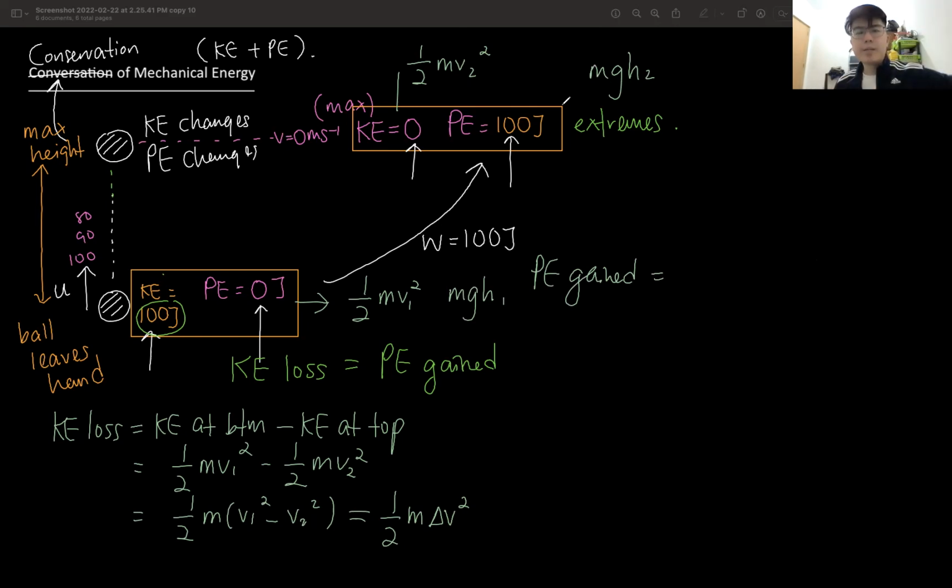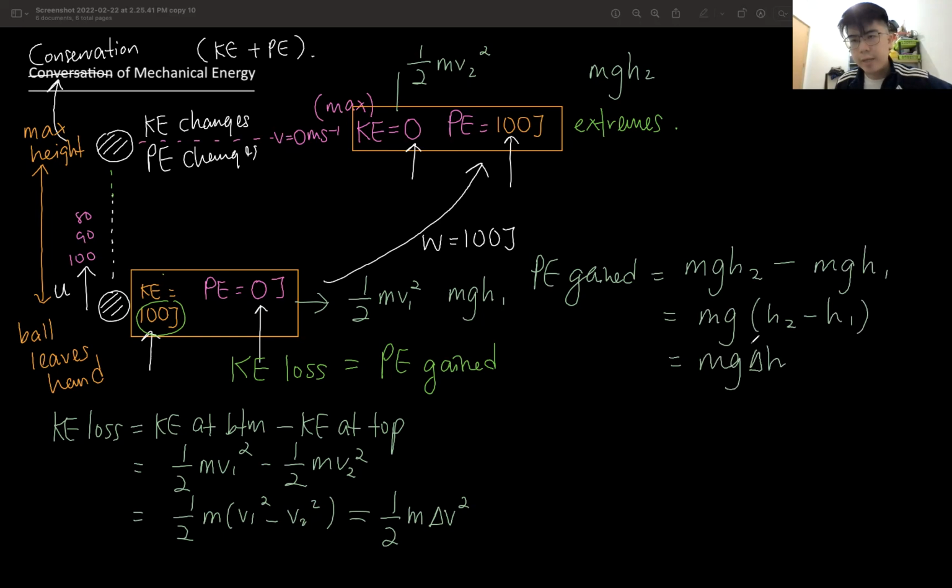I take the bigger minus smaller. So mgh2 minus mgh1. Then I get mg, h2 minus h1. That's mg change in h. Okay, PE gain and KE loss. So I can equate this: half m change in v square equals mg change in h.